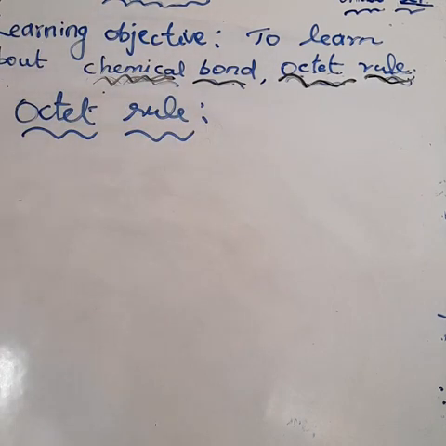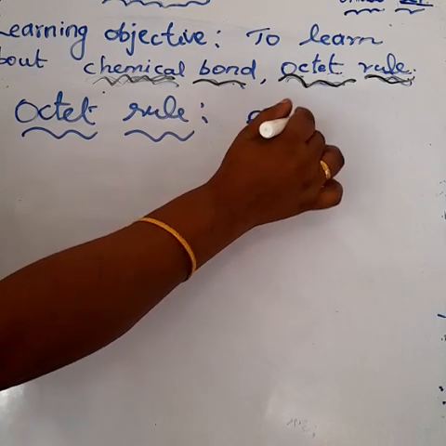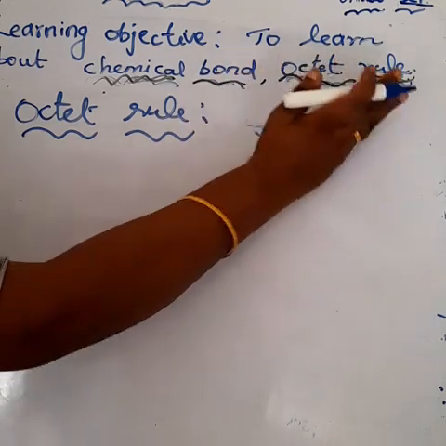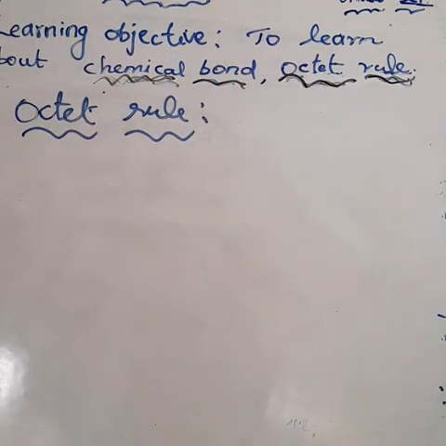The atoms do not exist in free state except noble gas, because the noble gases only have the stable electronic configuration. So they do not react with each other and do not combine with any other atoms or molecule.